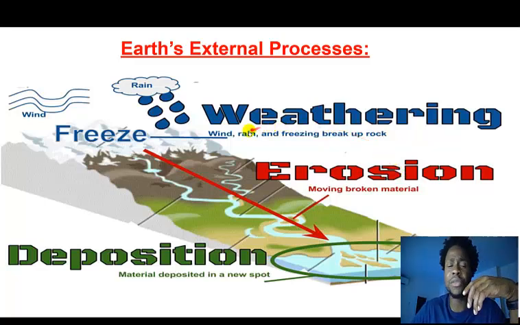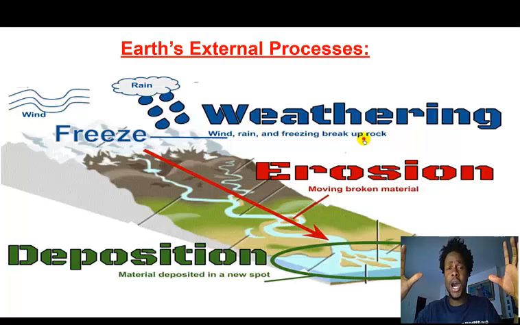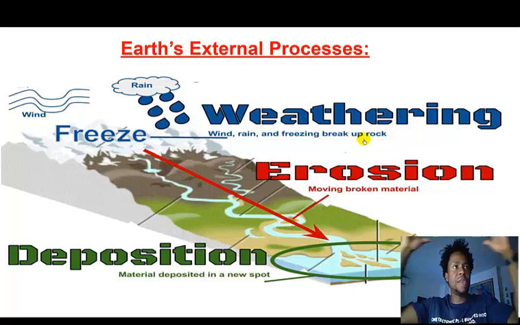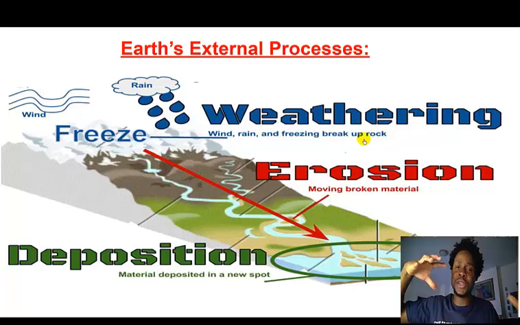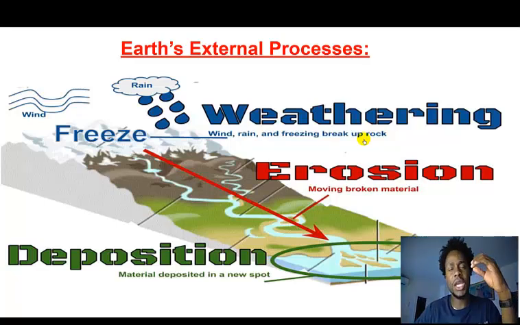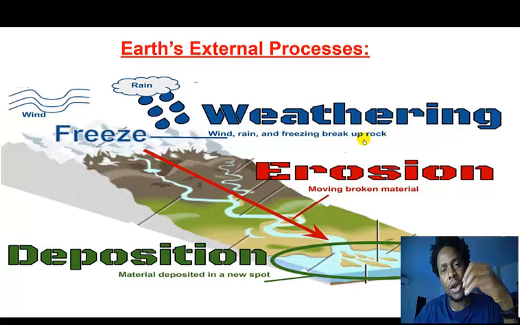Weathering. Weathering simply means the breakdown of rock. When rock breaks down, so you have a large rock produced from a volcano, for example, which is a process from the inside of the Earth, and now you have this rock produced outside. Now, weathering begins to act on it to break down that rock into smaller sizes or smaller particles called sediments.